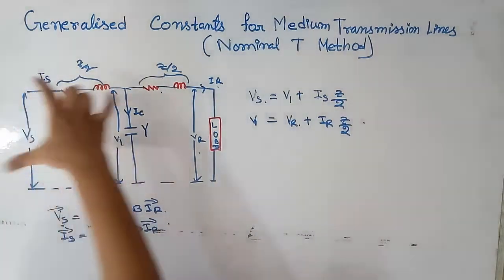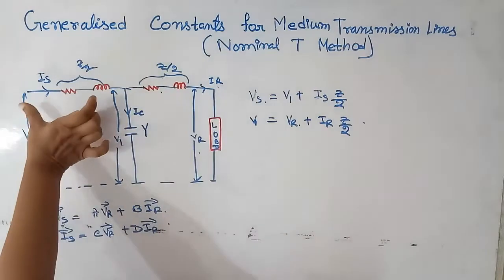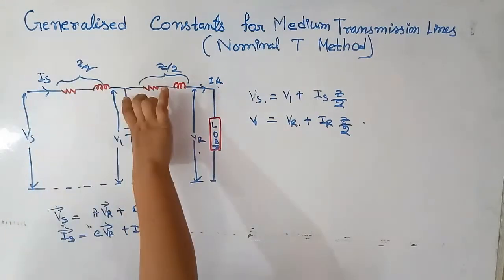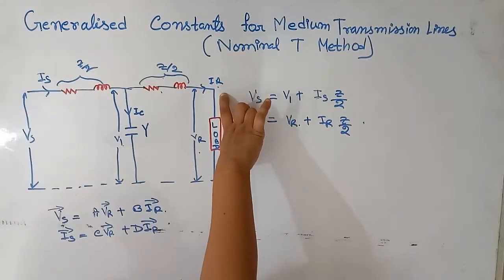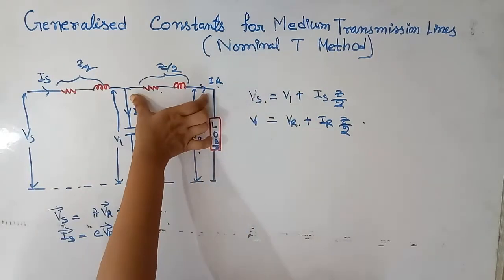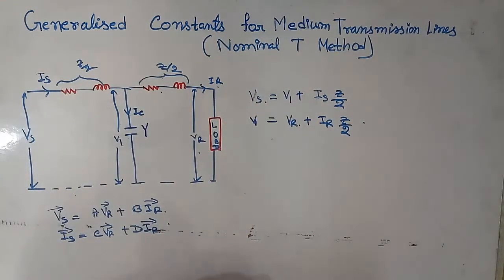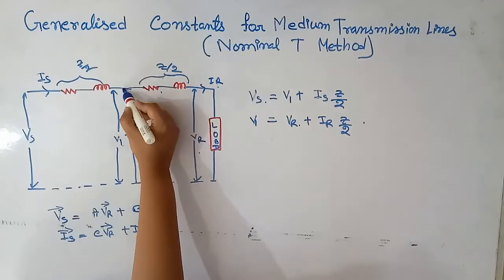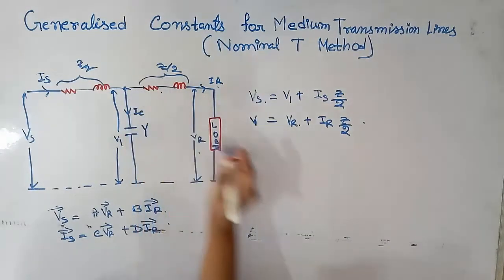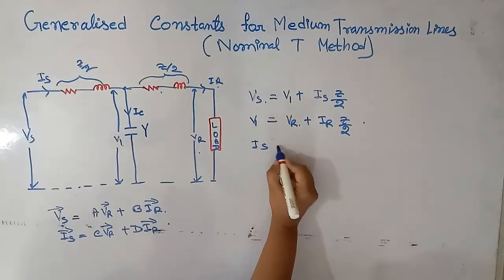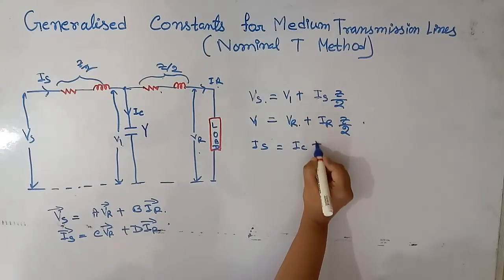So Vs is equal to V1 plus this voltage drop and V1 is equal to terminal voltage Vr plus this voltage drop. Now Is can be written as Ic plus Ir.